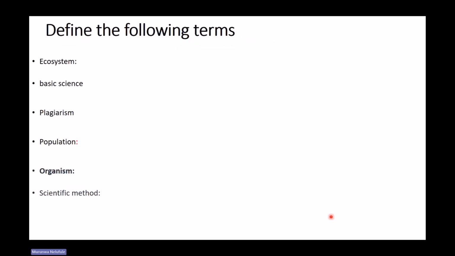Okay, we are going to the last set of long questions. Defining what is an ecosystem. Anyone? An ecosystem is a community of all living organisms and their physical environments interacting or functioning together as a unit. All right, and basic science, thank you for that.